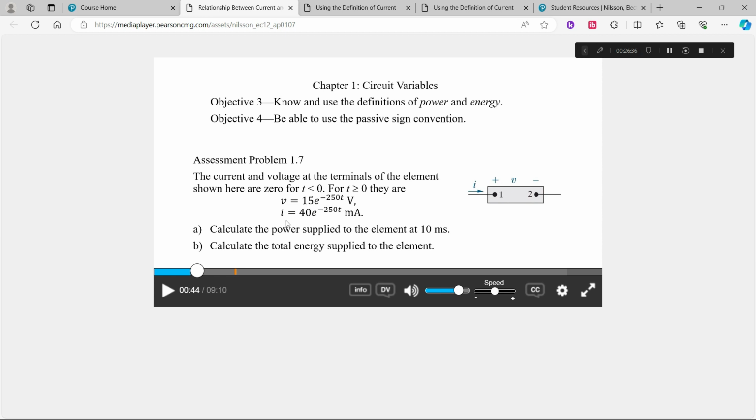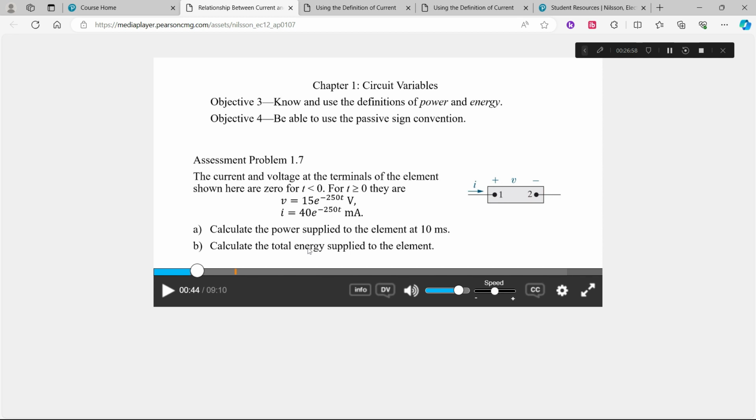And to calculate the total energy supplied for part B in this question, as something is supplying energy to an element, it will eventually run out of energy, and then the element itself will be fully charged.